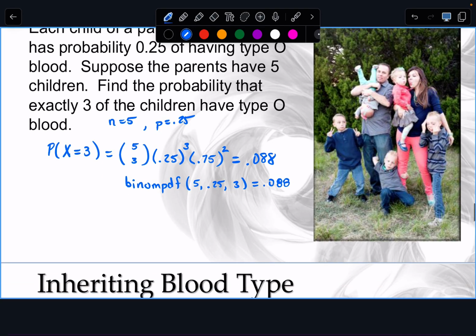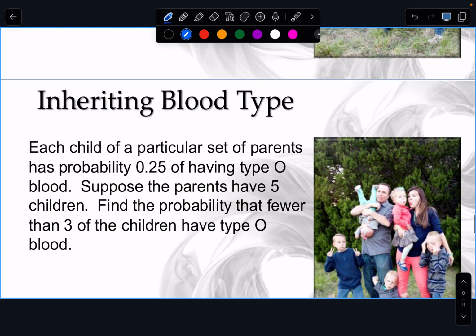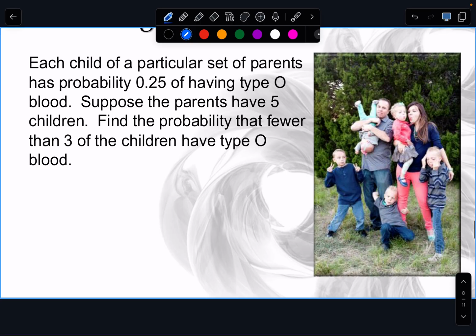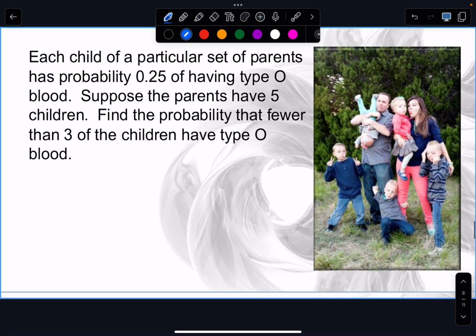But now when I switch this up a little bit here, so now if I change it to what's the probability that fewer than 3 of the children have type O blood. So when I look at that as a problem here, in notation, what would that look like?